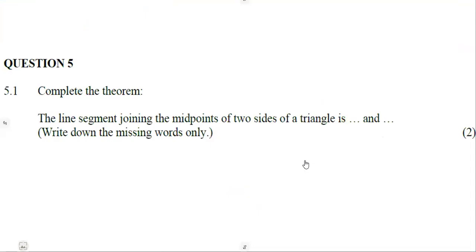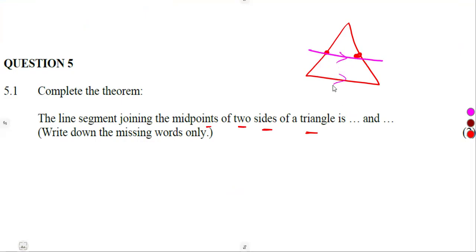On question number 5, complete the theorem. The line segment joining the midpoints of 2 sides of a triangle is... If these are the midpoints, the line segment that we draw is parallel to the third side and half in length.